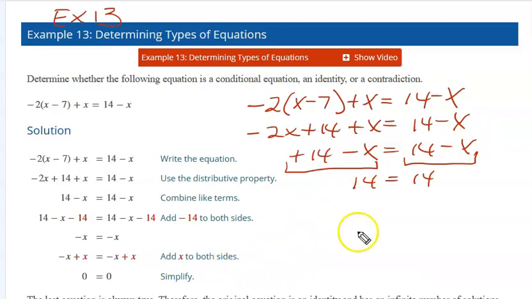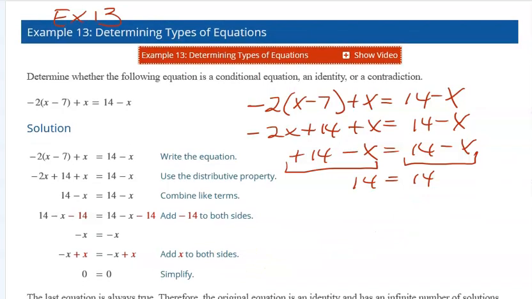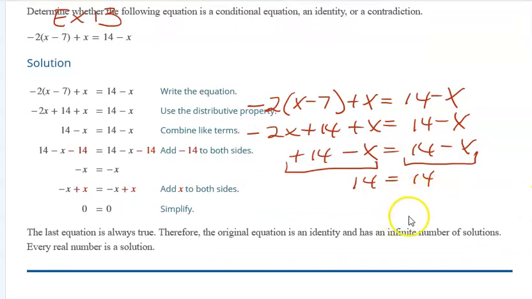So the solution is, and let's go down to see that, there is an infinite number of solutions, or another way of stating it sometimes is all real numbers. Okay, this was a little long, but lots of good material and background to develop your skill for solving equations.